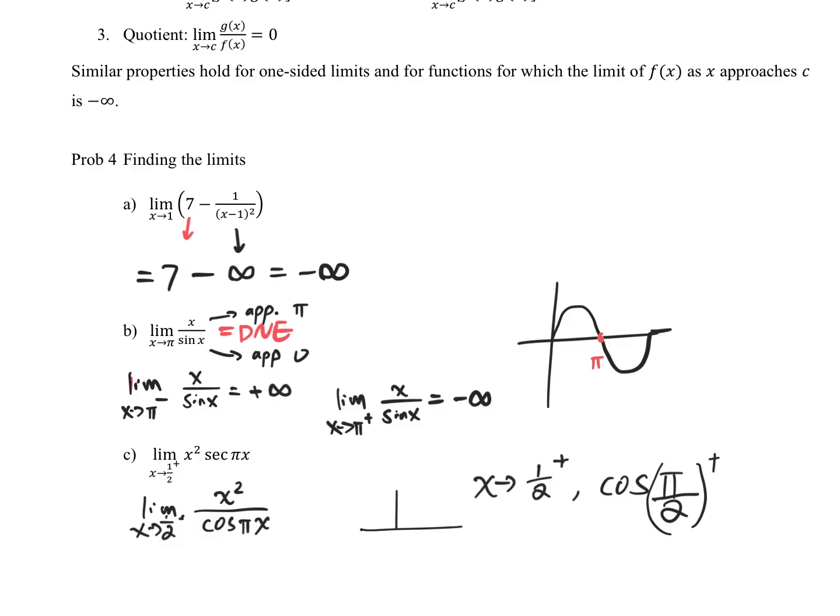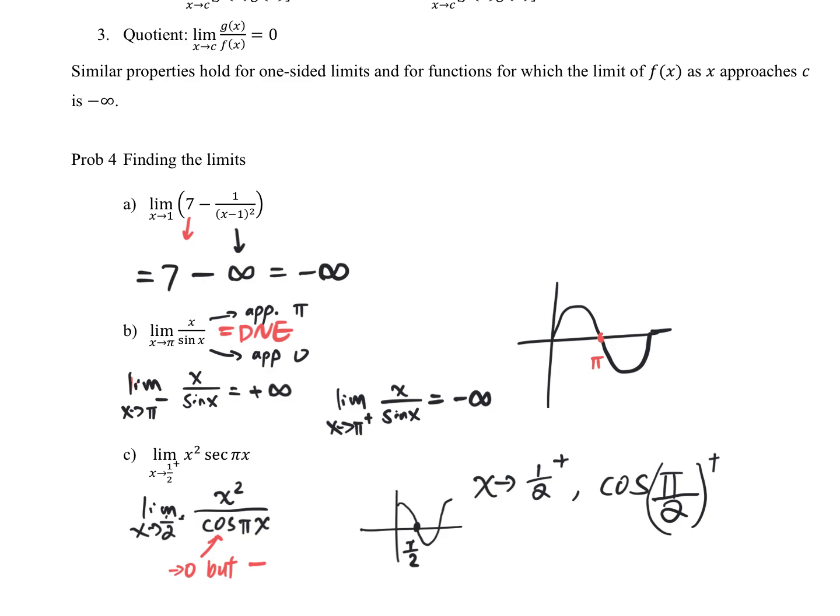Now, this is pi over 2. Cosine near pi over 2 from the right is approaching 0 but less than 0. It's negative. So in other words, this is approaching 0 but with negative sign.